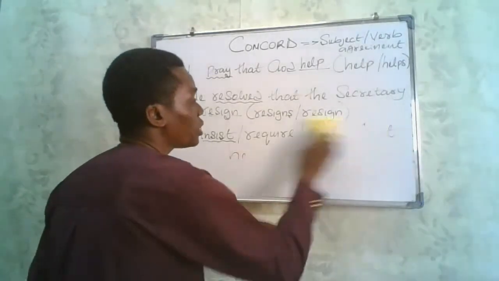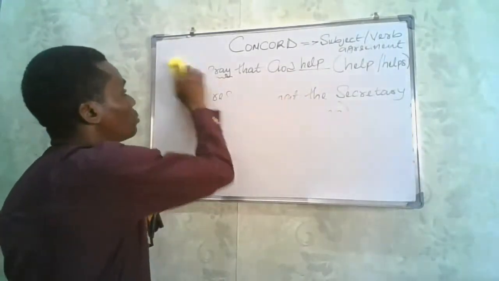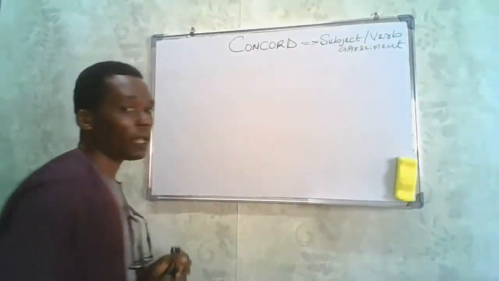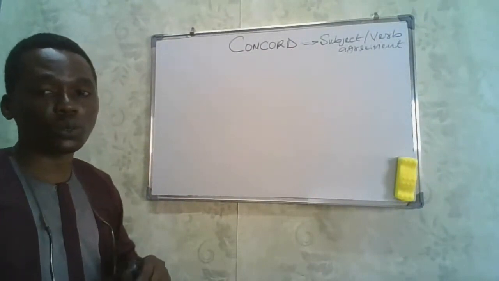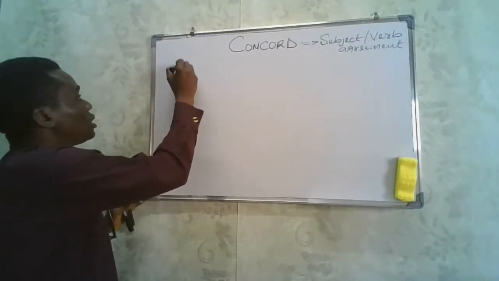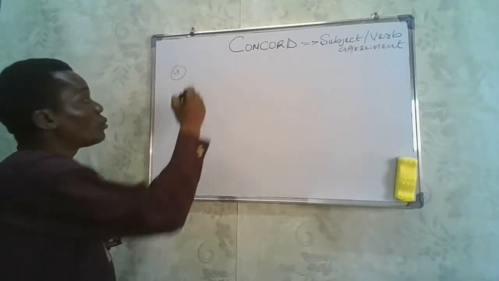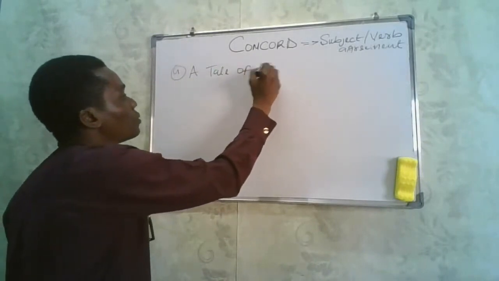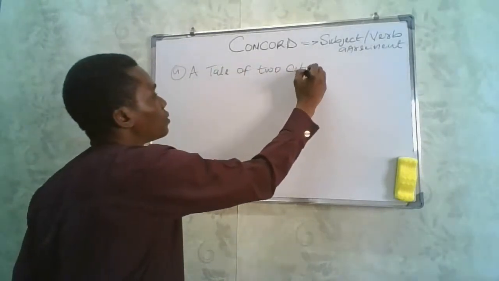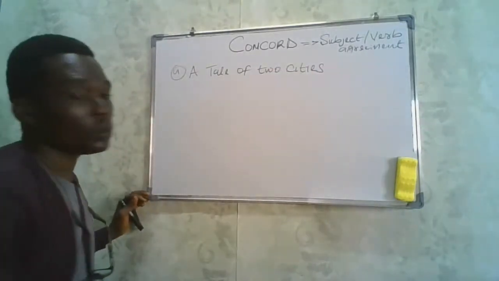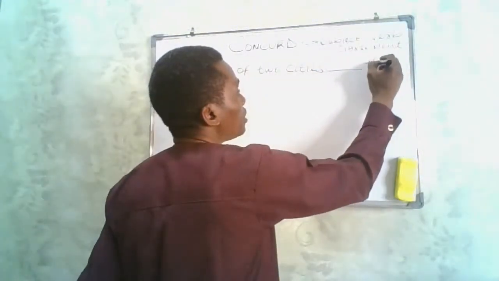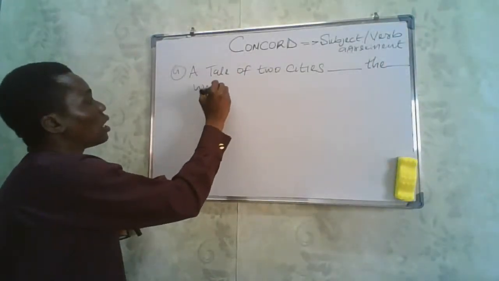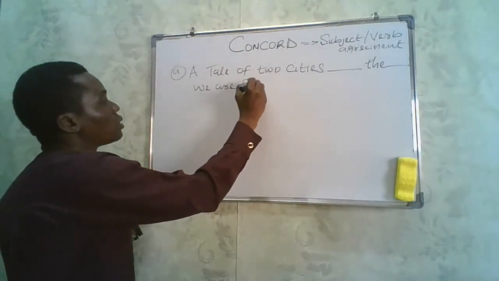Now I want you to have these questions. These questions are JAMB English questions, and I want you to look at them thoroughly and see if these rules apply to these questions. The first question is: A Tale of Two Cities dash the dash we are studying.